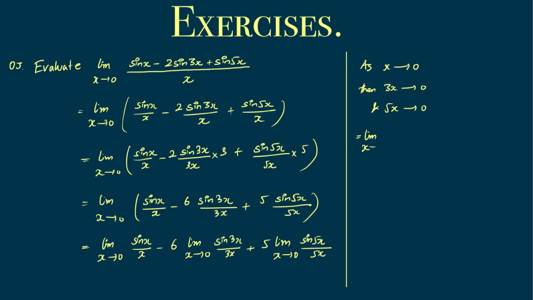So my question will be limit x tends to 0. Okay, first part let me write 1 because this part is in the formula. So I can write 1 here minus 6 limit 3x tends to 0 sine of 3x by 3x plus 5 limit 5x tends to 0 sine 5x by 5x equals to 1 minus 6 into, now this portion will be 1 and that portion will also be 1.